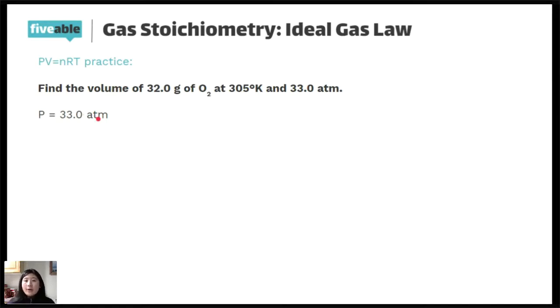This is very useful on the AP exam, by the way, because a lot of times they'll have maybe 3 different pressure values in the practice problem, and it may be for different stages of the reaction. So you do want to keep track of all these values and put a little subscript 1, or a little 2 under the P, just to keep track of which pressure is which.